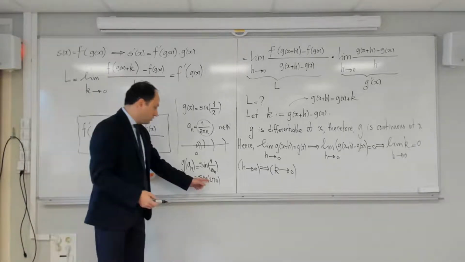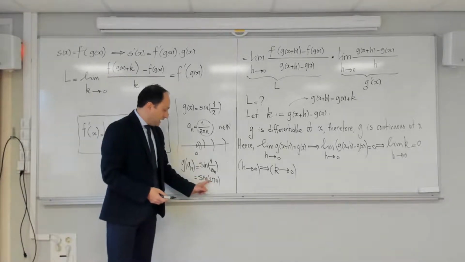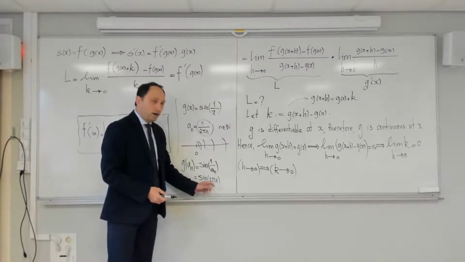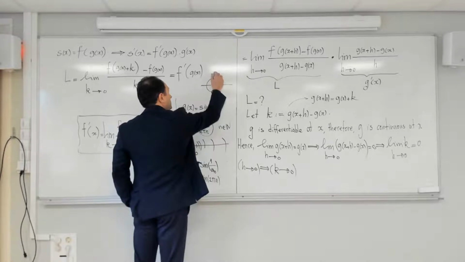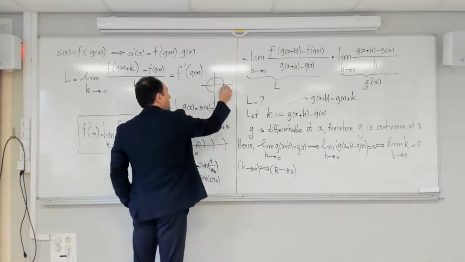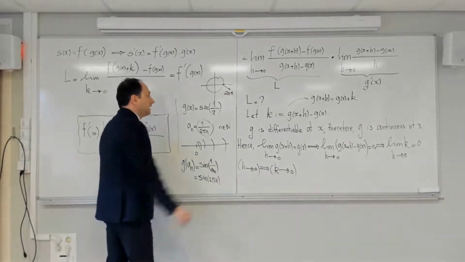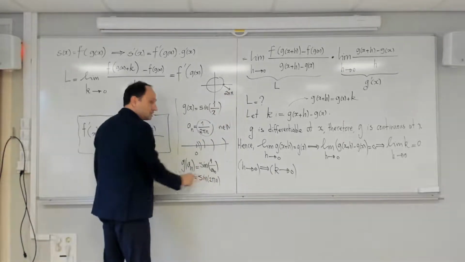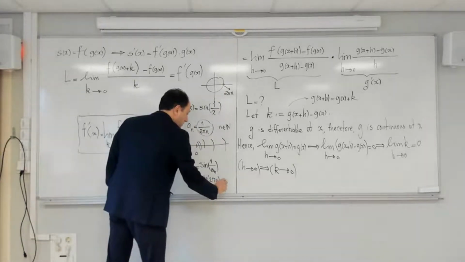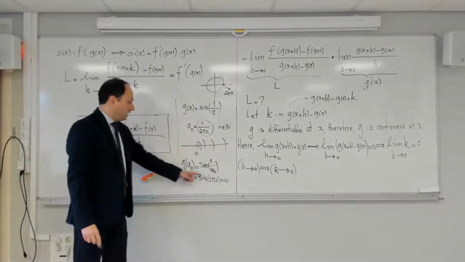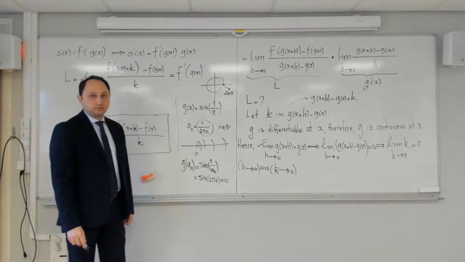Yeah, 2 pi n means an even multiple of pi. So if you consider the unit circle, 2 pi n is always here, regardless of the value that you choose for n. And then you know that sine is the y-coordinate of that point. The y-coordinate is 0, so this means that g of a_n is equal to 0.